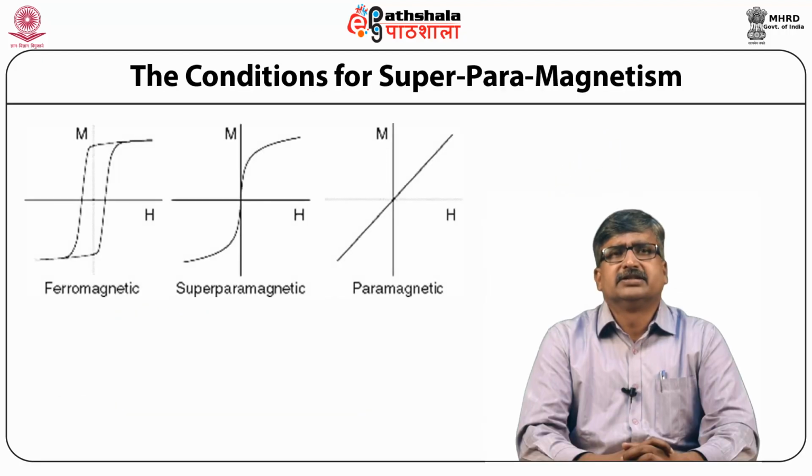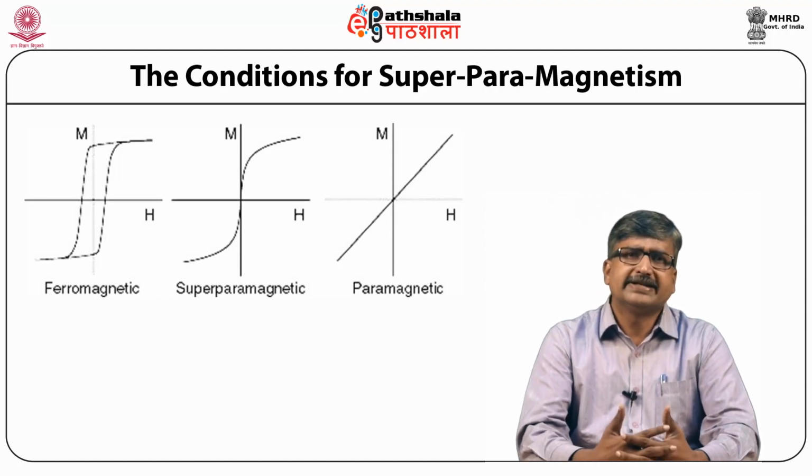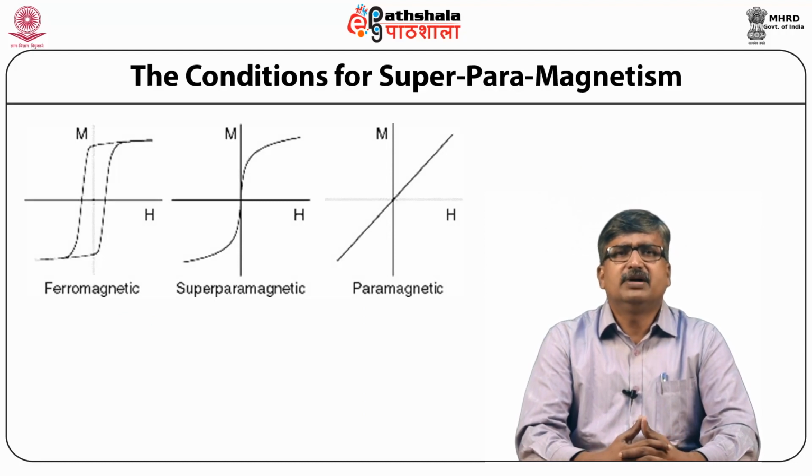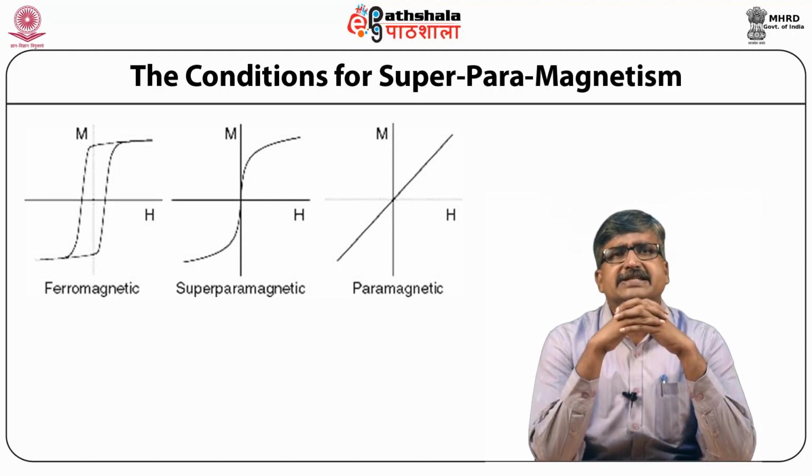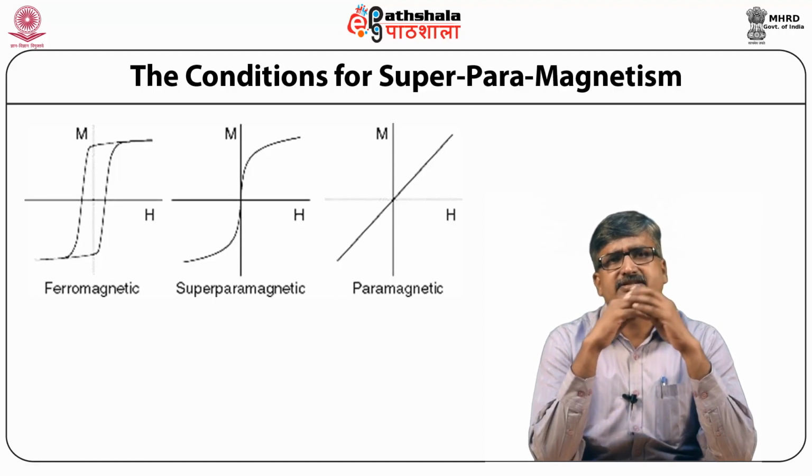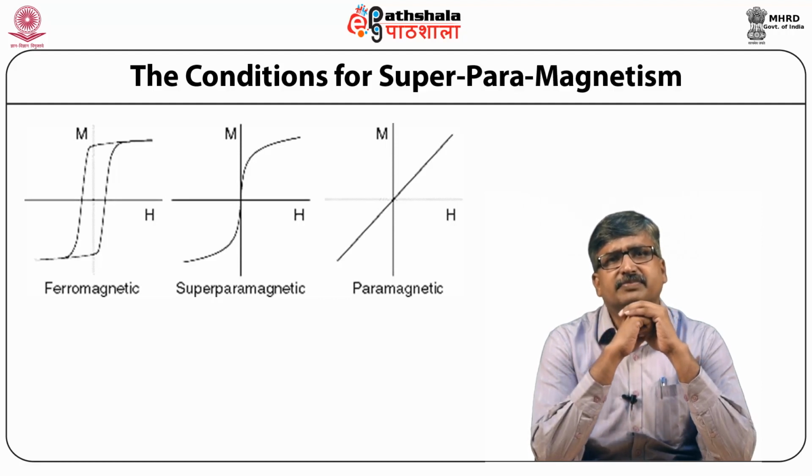Let us discuss the condition for superparamagnetism. Superparamagnetism is a form of magnetism which appears in small ferromagnetic or ferrimagnetic nanoparticles. In sufficiently small nanoparticles, the magnetization can randomly flip directions under the influence of temperature.